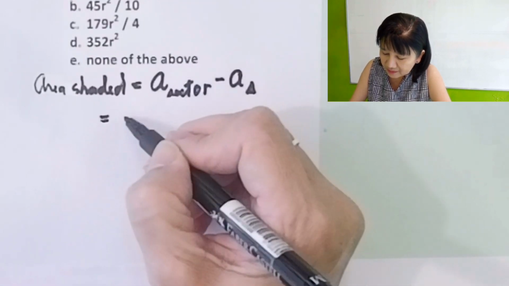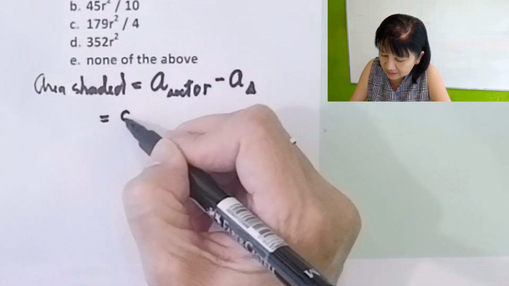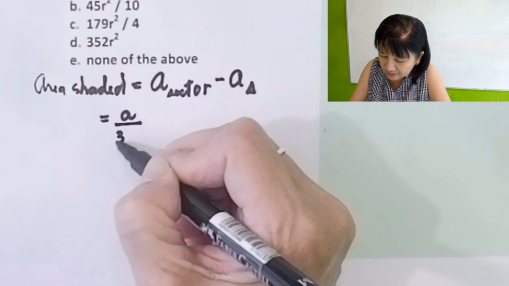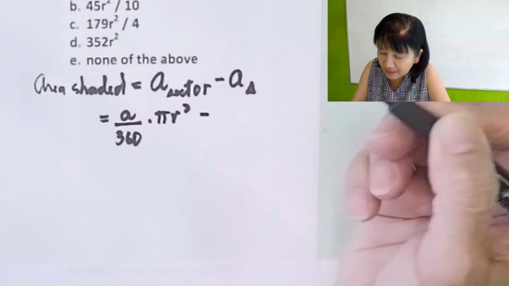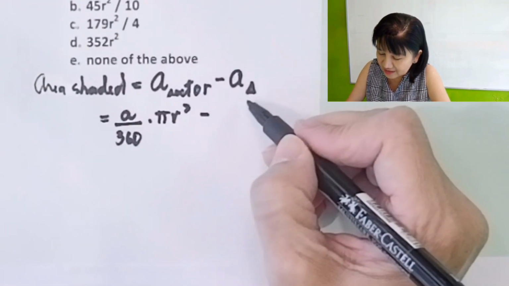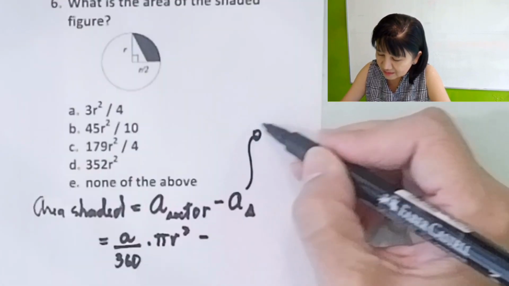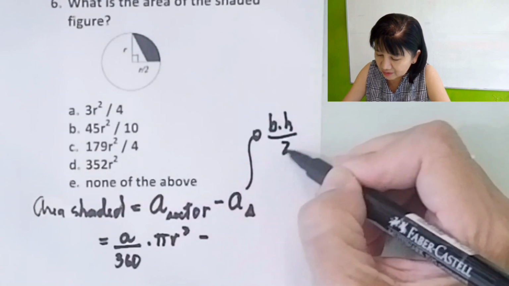Remember, the area of a sector is the measurement of the angle over 360 times pi r squared, minus the triangle, which is base times height divided by 2.